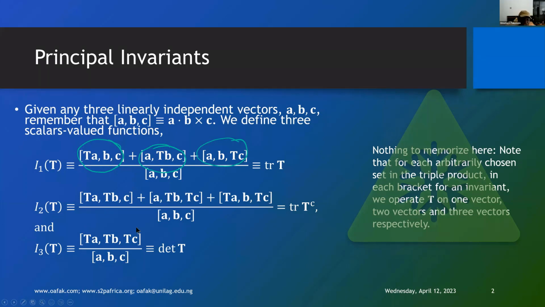Similarly, this is the definition of the determinant of a tensor. But this is not the definition of the trace of the tensor T cofactor.